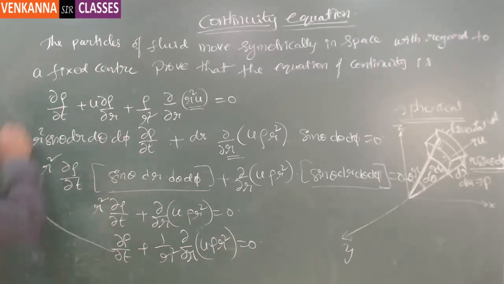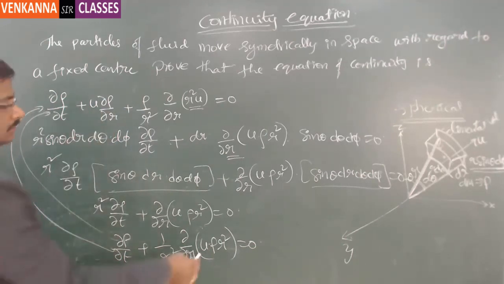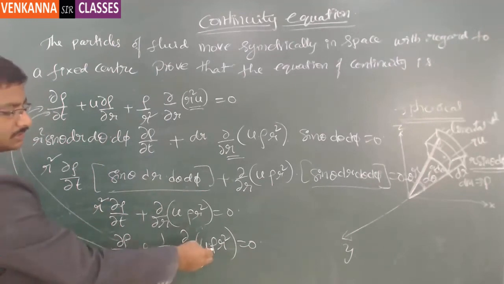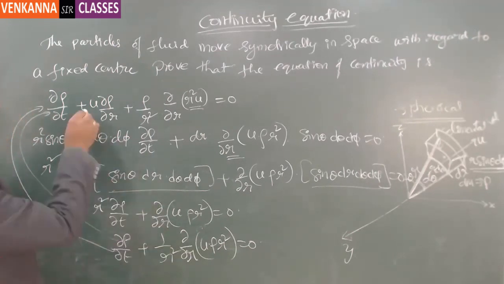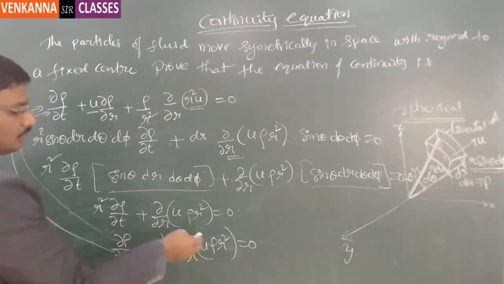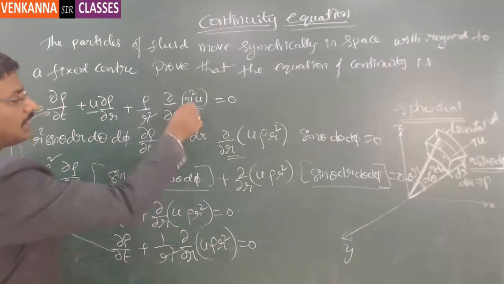So if you apply uv, you are going to get this step. That's it. So this part is as it is, and u into dou rho by dou r. Here u into r square divided by r square, the r square will cancel and u will be left over. And dou rho by dou t plus 1 by r square into rho, you can take it outside, r square into u.